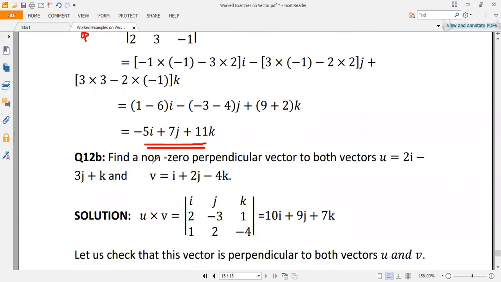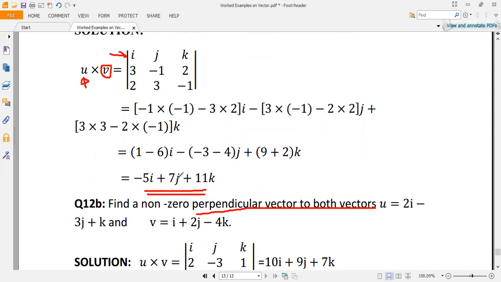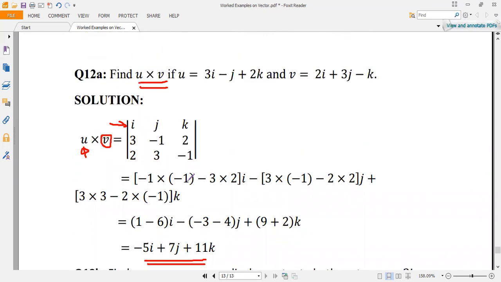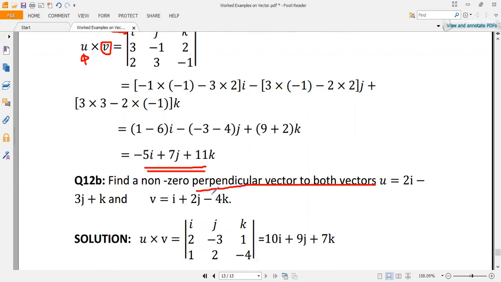The second question is find a non-zero perpendicular vector to both vectors u and v. Now here I want to remind you that the cross product can be asked in either of the two ways. Either find the cross product of the two vectors or find the perpendicular vector to both vectors. So the cross product of any two vectors always gives a vector perpendicular to both vectors.